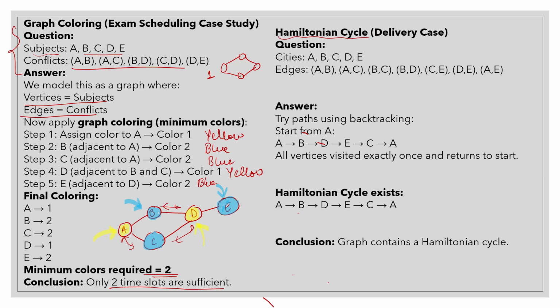Similarly, Hamiltonian cycle. We'll draw the graph: A, B, C, B to C, B to D, C to E, D to E, A to D, A to E. So start from A to B to D to E to C to A. This is a cycle.